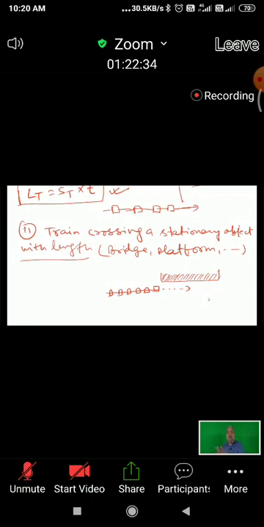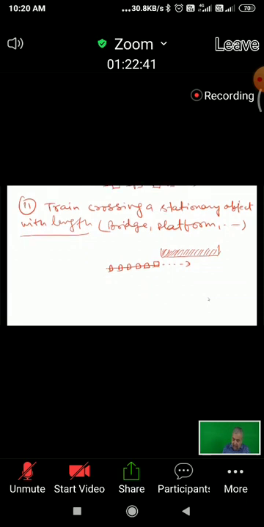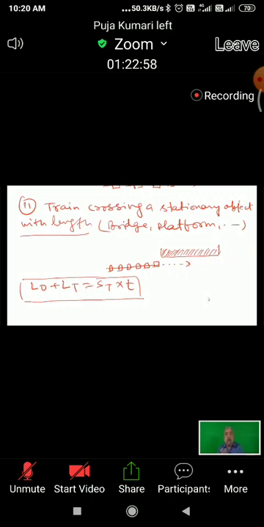While crossing the platform, the train will cross the length of the platform as well as its own length. So the distance traveled by the train will be length of object plus its own length, equal to speed of train into time taken. So this relation will be maintained. Please write.